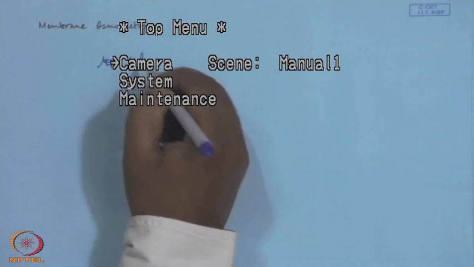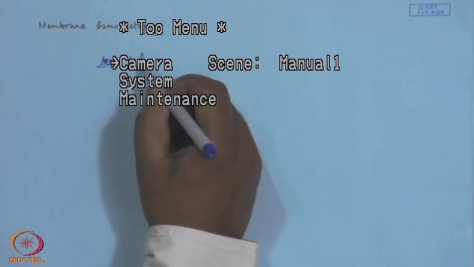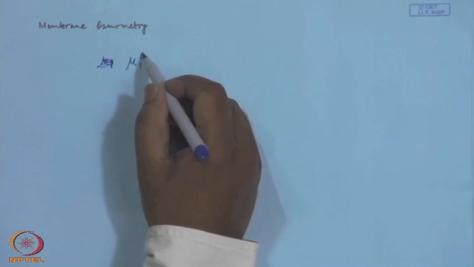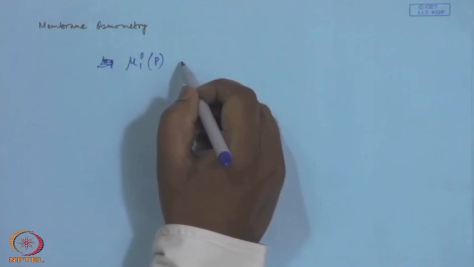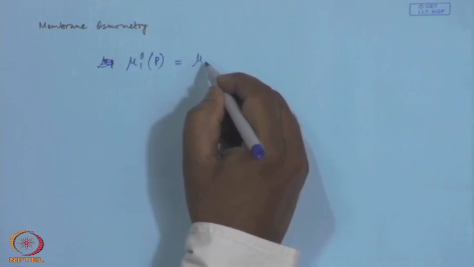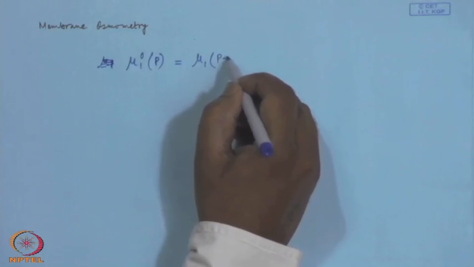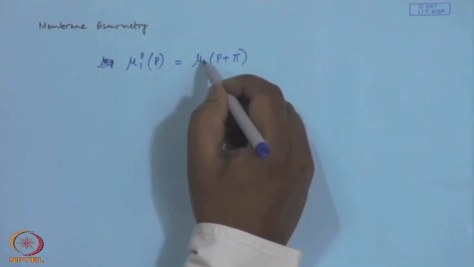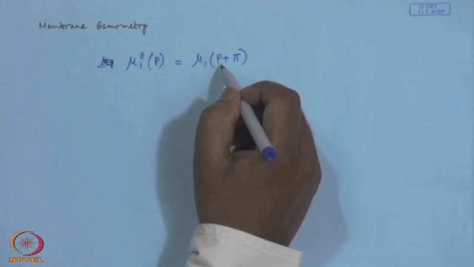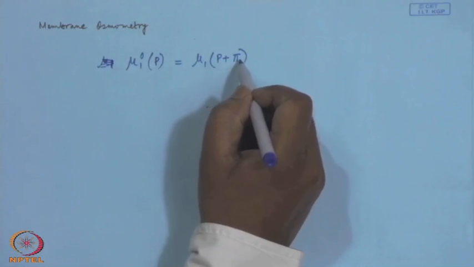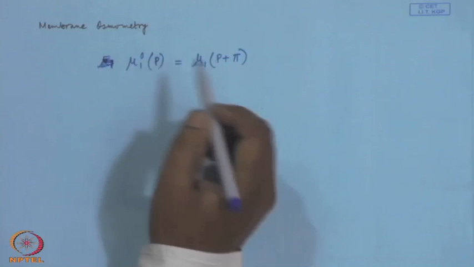If we write 1 for the solvent molecule and the superscript 0 for pure solvent, mu 1 0 at the original pressure P will be equal to the chemical potential of the solvent where the pressure is increased from P to P plus pi, where pi is the osmotic pressure.